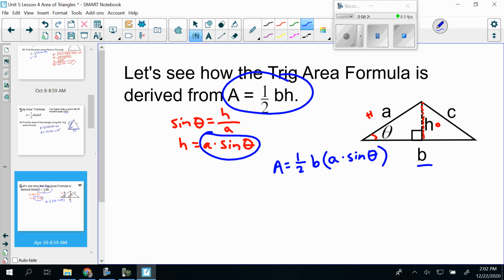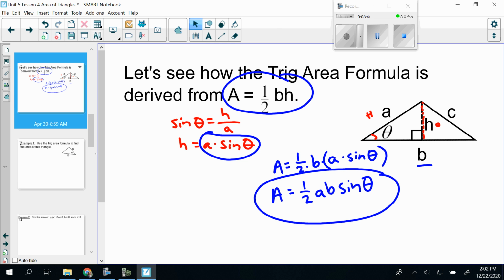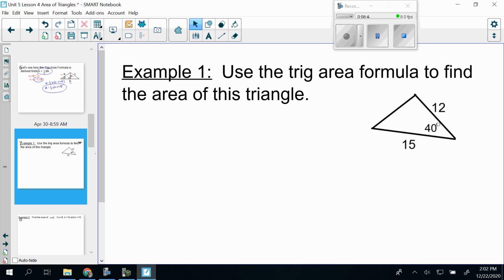And if everything's being multiplied here, so if I just rearrange this a little bit, and you can do that when things are multiplied because it doesn't matter what order you multiply something. Here's our trig area formula. So if there's one you don't really need to remember, it'd be this one, because it's basically just how you would solve for it if you find the height and then put it in. But if you know the equation, it might go a little quicker.